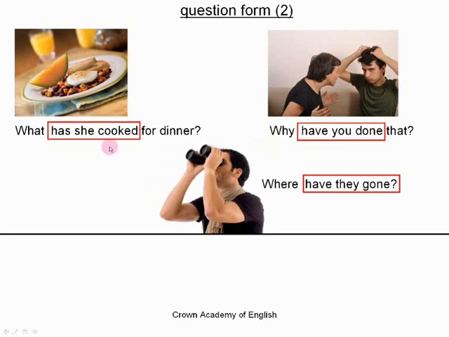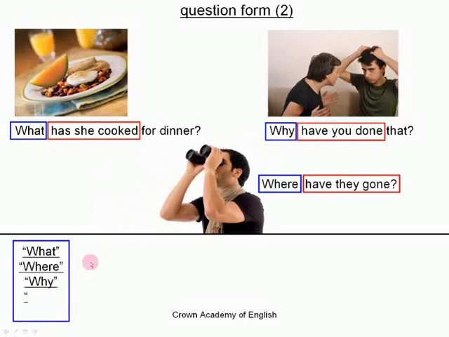And we can also ask another type of question by adding a question word before the form, here in blue. So we can ask a question with a question word by adding the question word to the front of the sentence.